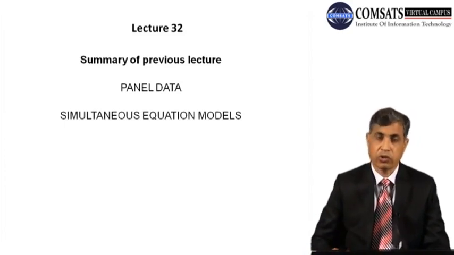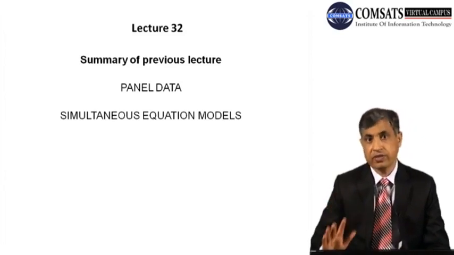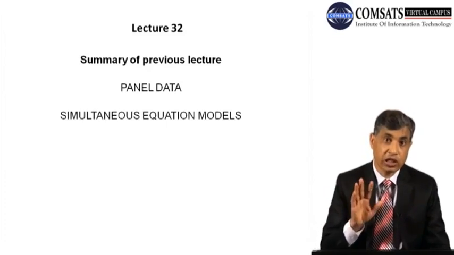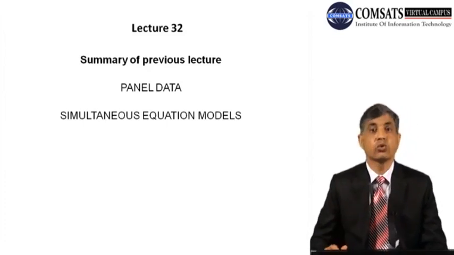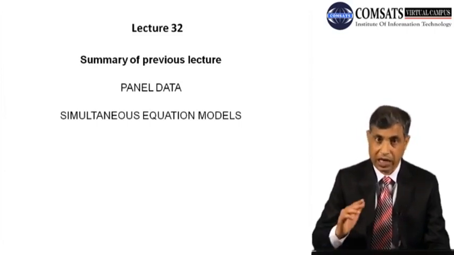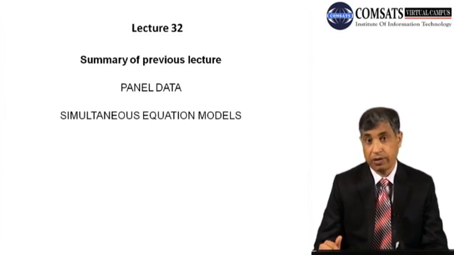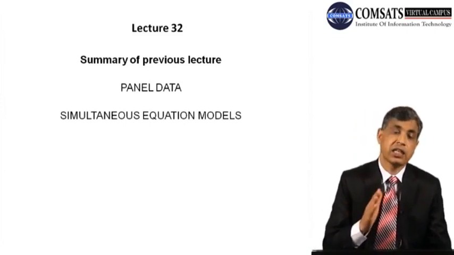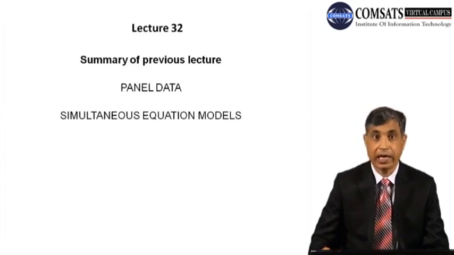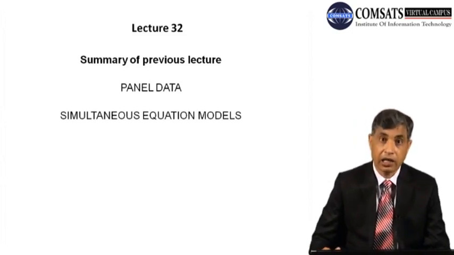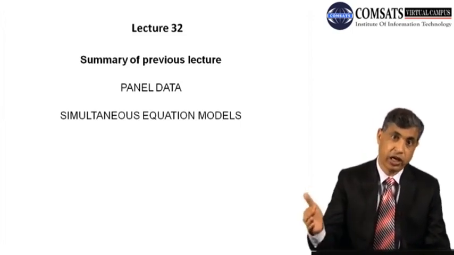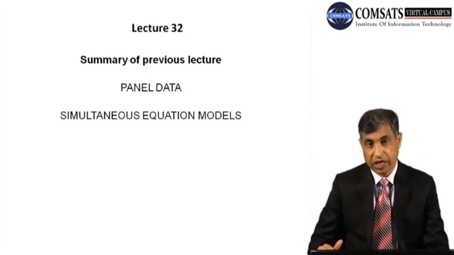What was the simultaneous equation model, as compared to all the previous discussion? In the simultaneous equation model, there is not only one-way causality, there may be two-way causality. This means that identification of the dependent variable becomes difficult, because the dependent variable is not only influenced by the independent variable, but it also has some effect on the explanatory variable.